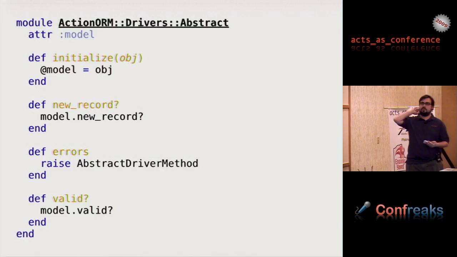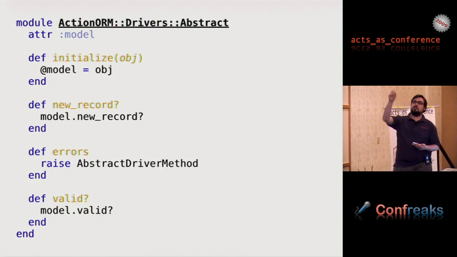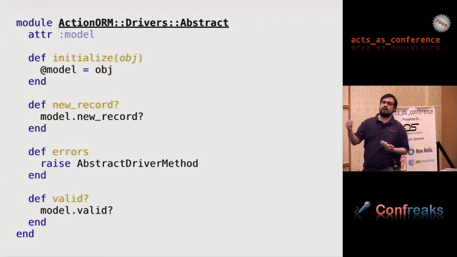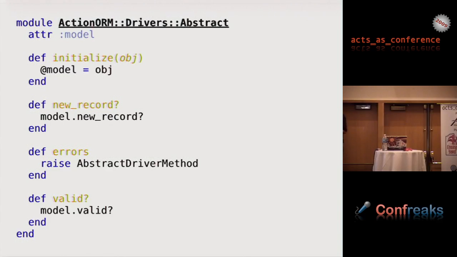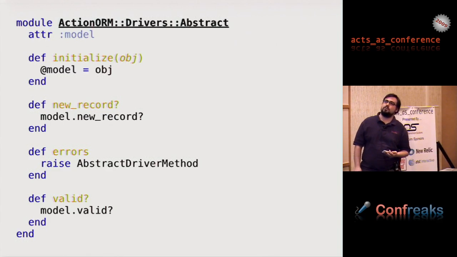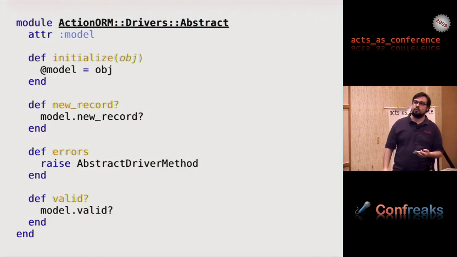Let's look at what this means from the framework perspective. There's a new module, I think that's actually a class, not a module, called Abstract. It provides a model attribute and basically wraps new_record?, errors, and valid?. Basically, this allows every single ORM to provide a proxy wrapper.